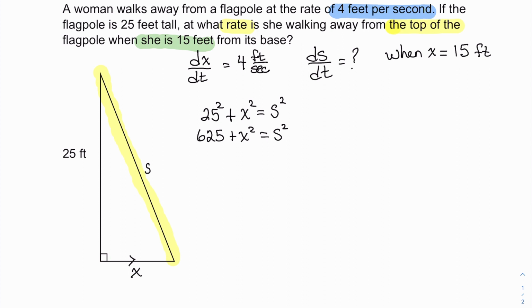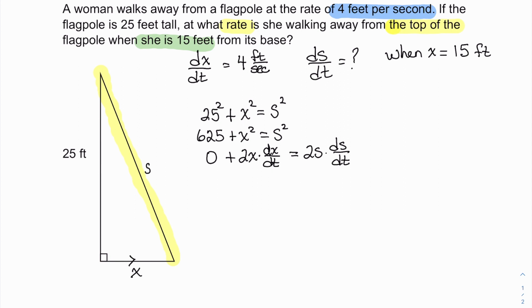So the derivative of the constant term 625 is 0, plus the derivative of x squared is 2x by the derivative rule, but x is dependent on t, so I have to multiply by dx/dt by the chain rule, is equal to the derivative of s squared, which is 2s, but s is dependent on t, so by the chain rule I have to multiply by ds/dt.